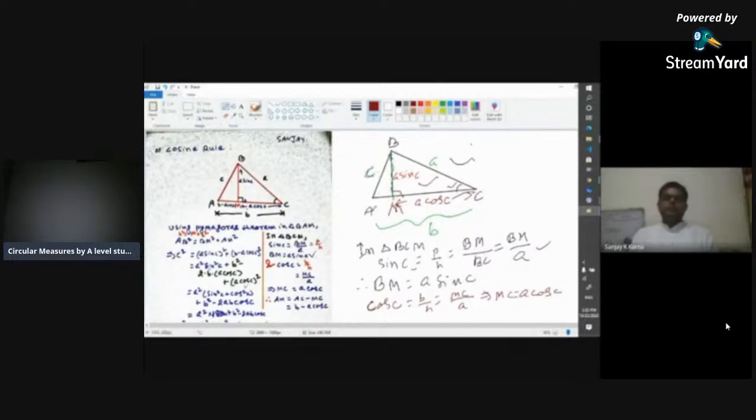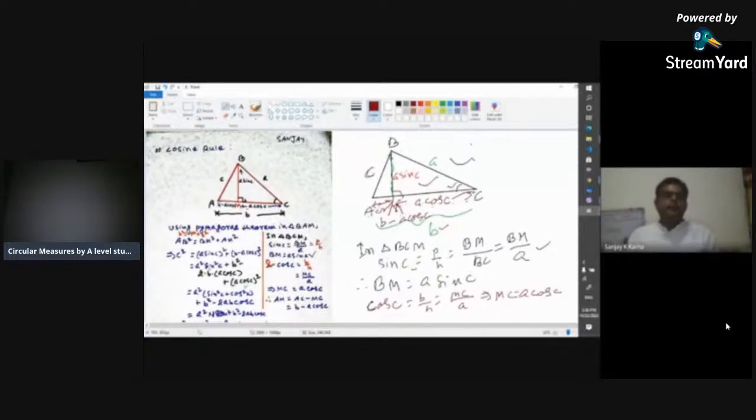Alright, and then we require the length of this part of the triangle BAM. So what is the length of this part? Actually you can see here that AC is the length b, and MC is the length a cos C. So length for this is going to be the whole thing, b minus a cos C. So from b, if you deduct a cos C, then you have length of AM.